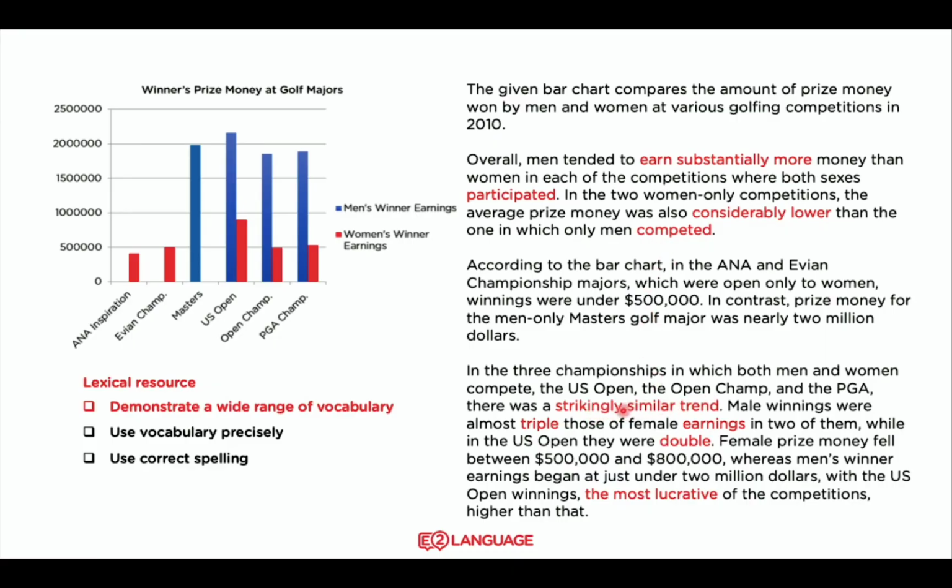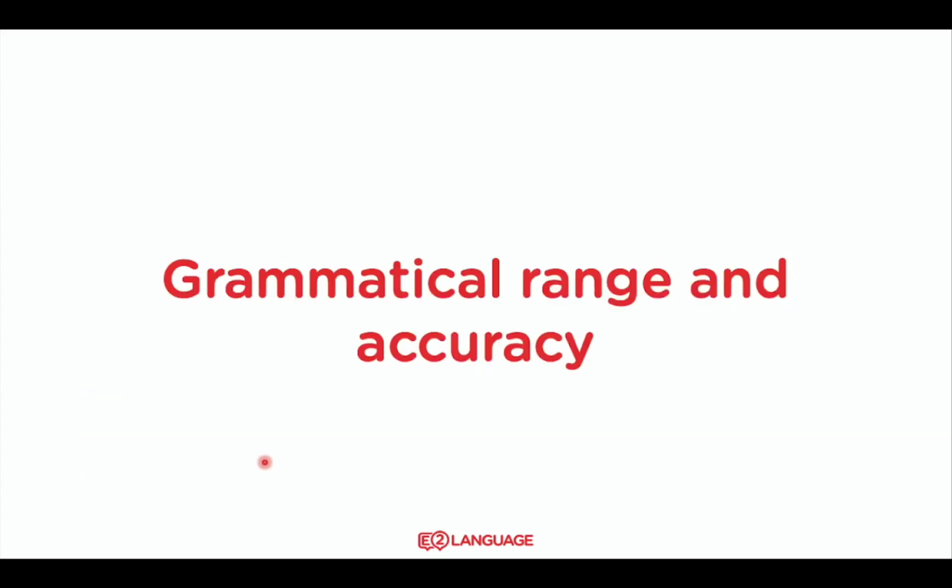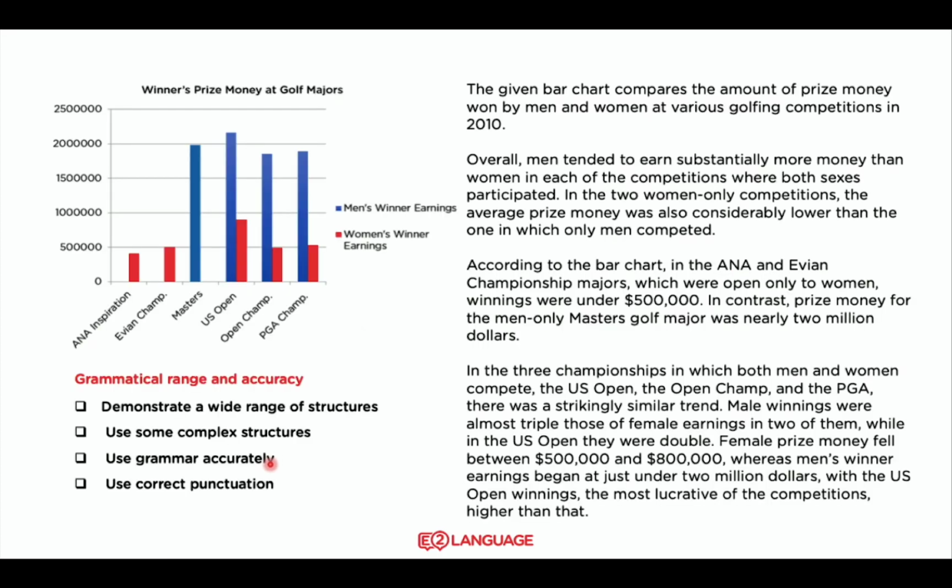Strikingly similar trend, nice collocation. Triple, earnings, double, the most lucrative. Have I demonstrated wide range? Yes, definitely. And is everything correct, including spelling? Yes, it is. Grammatical range and accuracy is the final checkpoint.